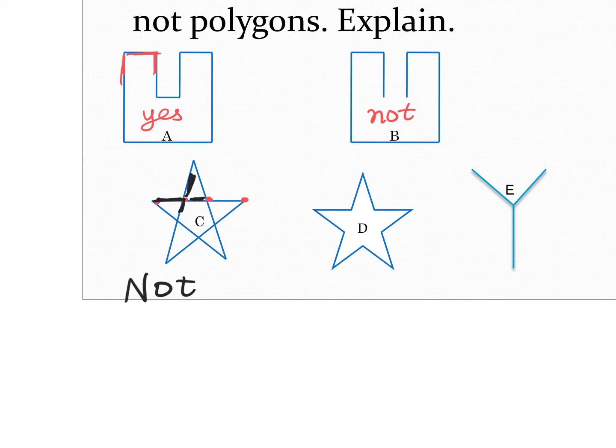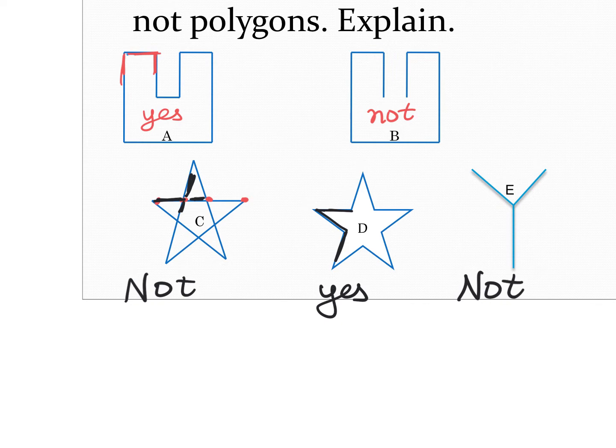But as soon as we took away all those inside lines, figure D is a polygon. It's a closed figure. This side is only intersecting here and here, and there are no collinear points now. And then this figure here, notice it's not a closed figure. The sides are not intersecting at both endpoints, so this one is not a polygon.